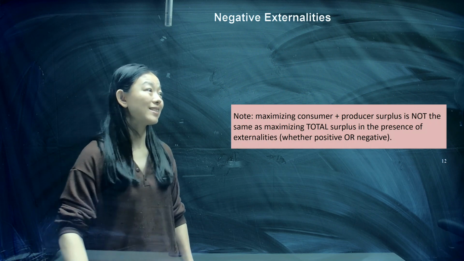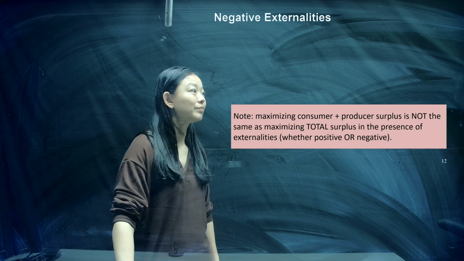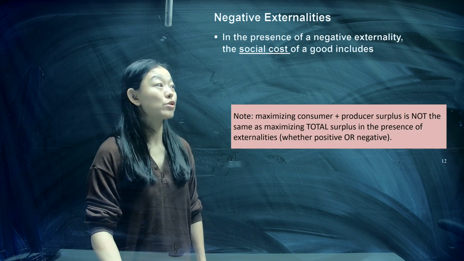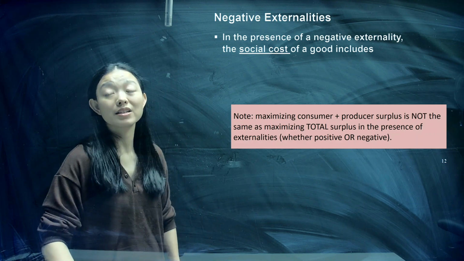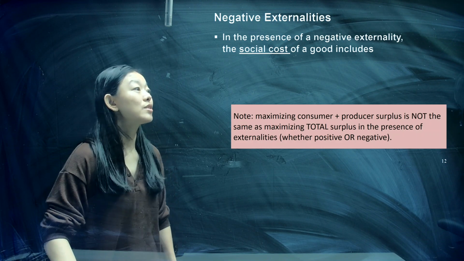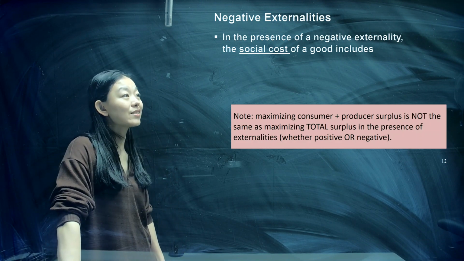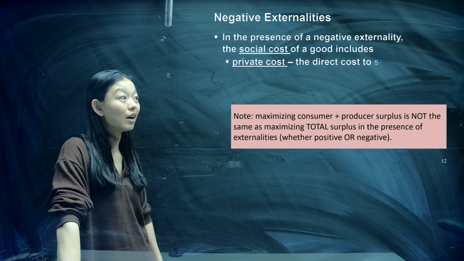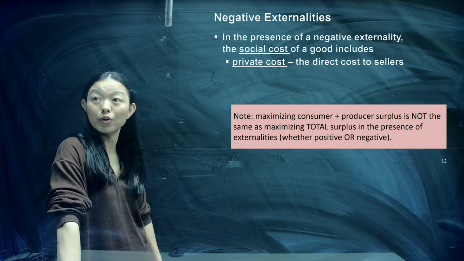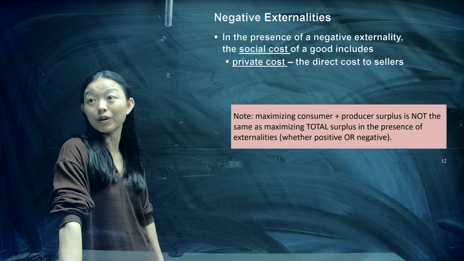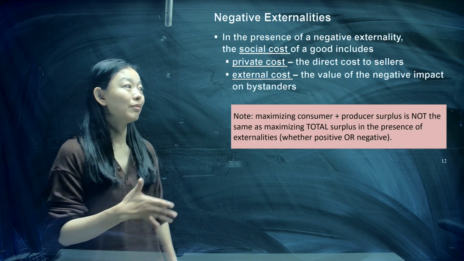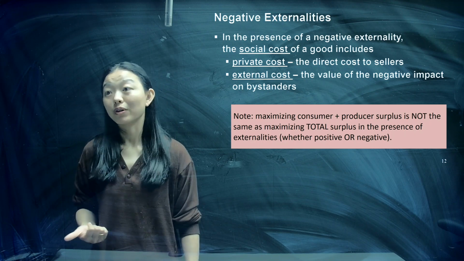And negative externalities will actually create a special cost. This is what we call the social cost. So with negative externalities, the social cost of the goods includes not only the private cost, which goes directly to the sellers, but also the external cost, the negative impact on the bystander.